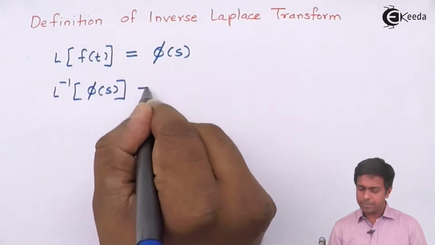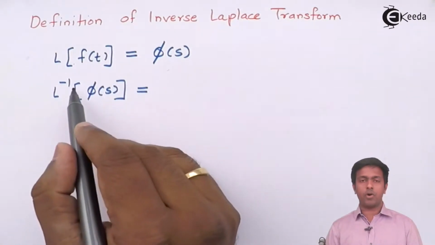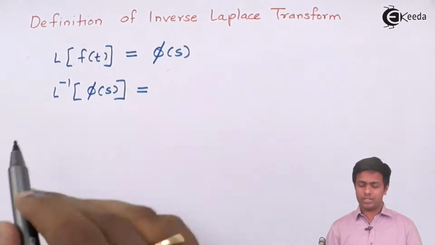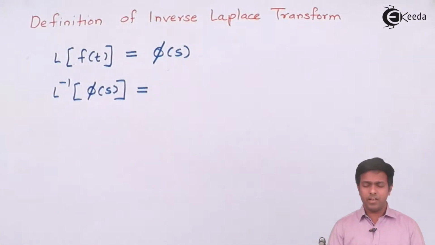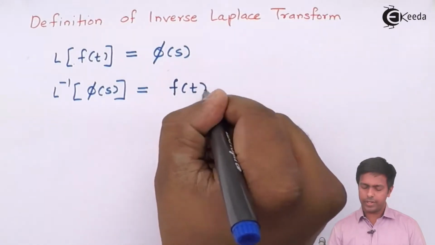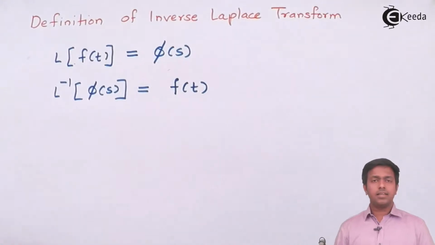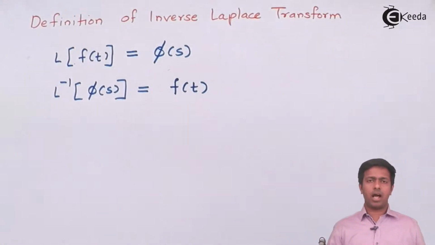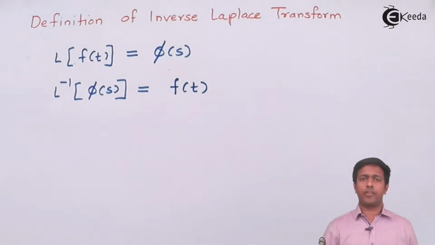So if we find the inverse Laplace transform of any function of s, then that will give us a function of t. So here in inverse Laplace transform, our question will be a function of s, and when we find the inverse Laplace transform, we are going to get a function of t. This is the definition of inverse Laplace transform.